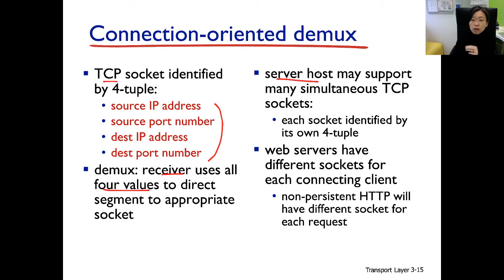Now, a server process running on the host could be maintaining multiple sockets, okay, one for each pair of communication per client. So for example, a web server could have multiple sockets open, one for each connecting client. And if this is the older form of HTTP the web server is running, it could be one socket per object request.